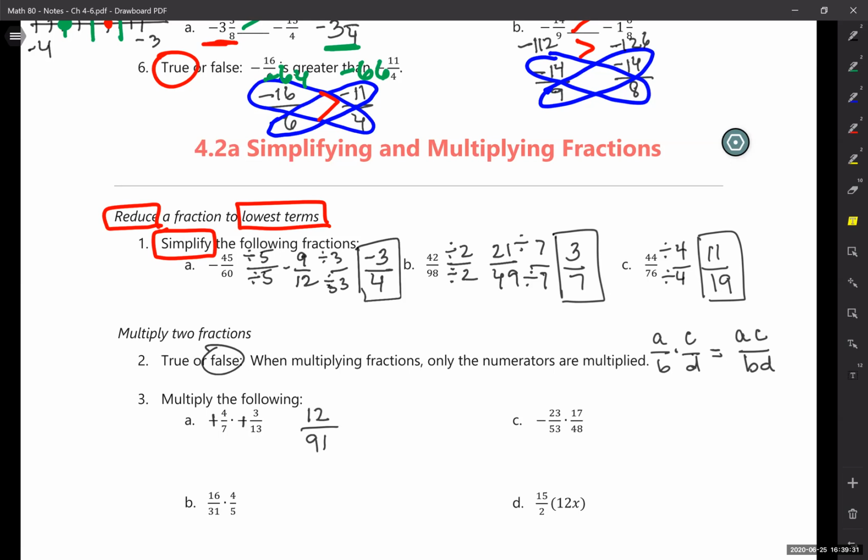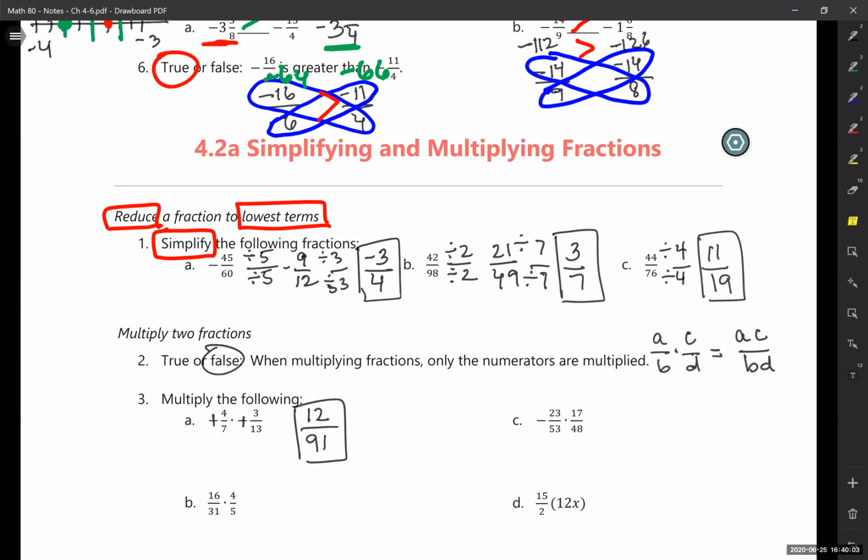And even though 12 over 91 is not that common for us to just know off the top of our head, I know this answer is reduced because I checked when all the numbers were little. And I'm always all about things being smaller, checking them while the numbers are small, multiplying smaller numbers. And so since we checked them while they're small, then we know that once they're big, it's already reduced.